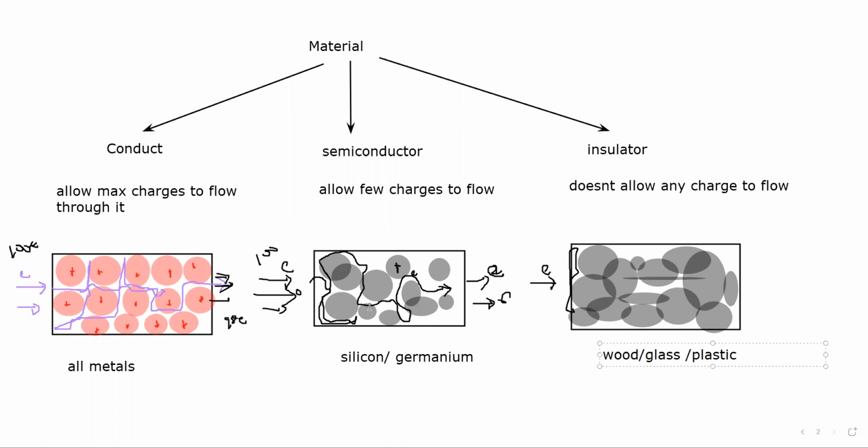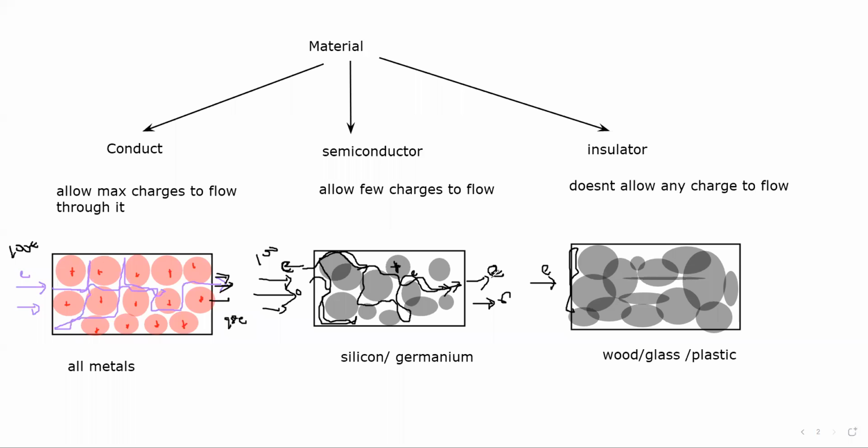In a semiconductor, they have mostly molecules and very few ions are there. So with this positive ion, when the electron enters the structure, these electrons experience attraction from this positive ion, but they are not able to move freely through the structure. That's why the amount of particles moving through the structure is small.